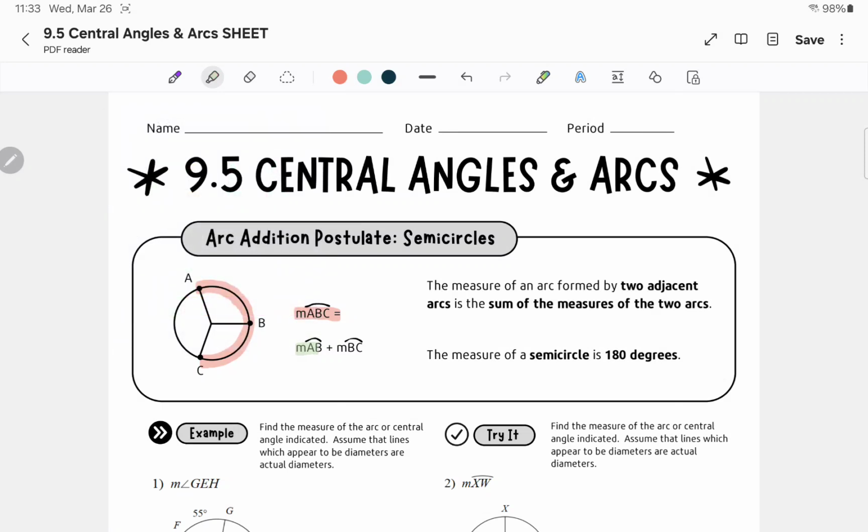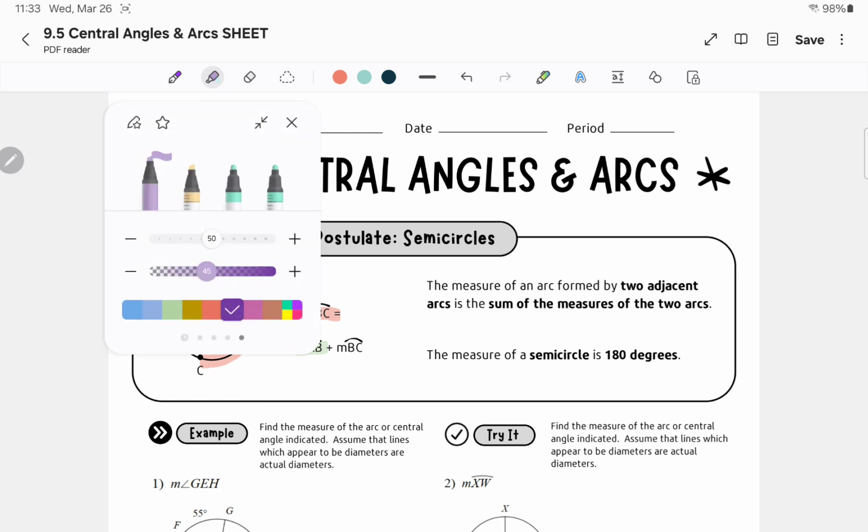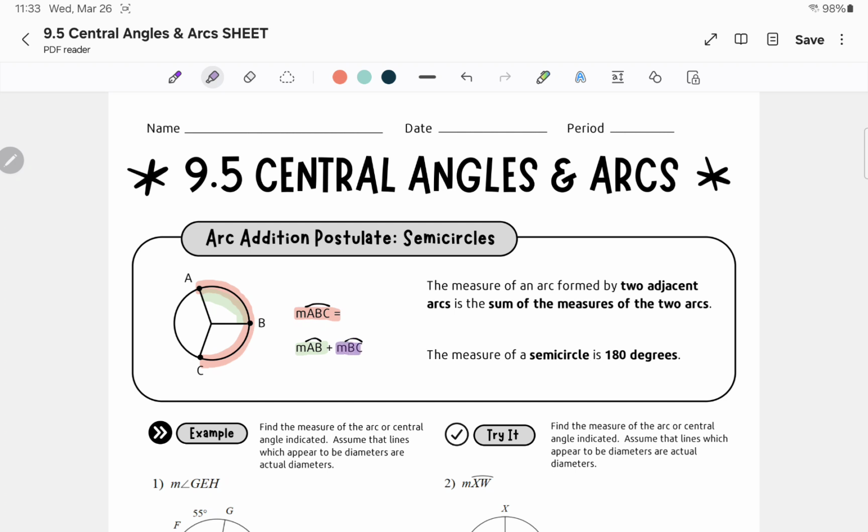Like the measure of arc AB, this smaller one here from A to B. And then let's use a third color, the measure of arc BC. So just to recap, again, the larger one, ABC, is equal to AB plus BC, all right?